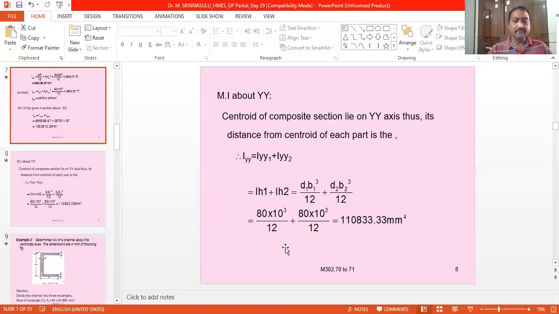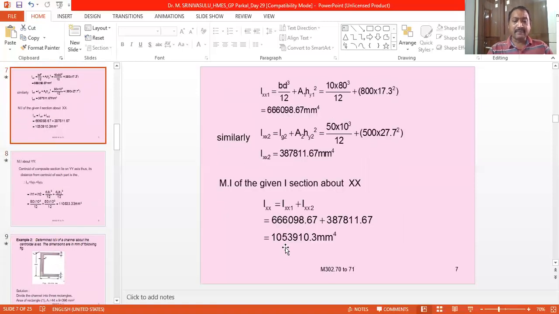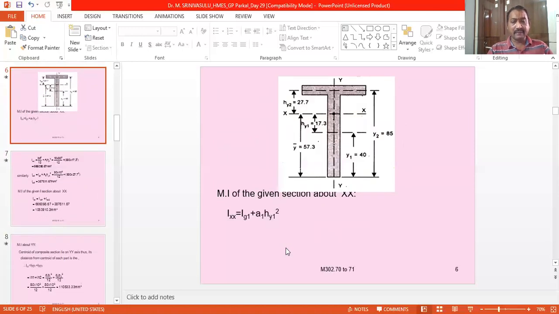Now coming to the moment of inertia about the y-axis. Because the given figure is symmetrical about the y-axis, hx1 and hx2 are 0, because here x1 is equal to x2 and that is also equal to x bar. Therefore hx1 and hx2 become 0 and this part will not be there.